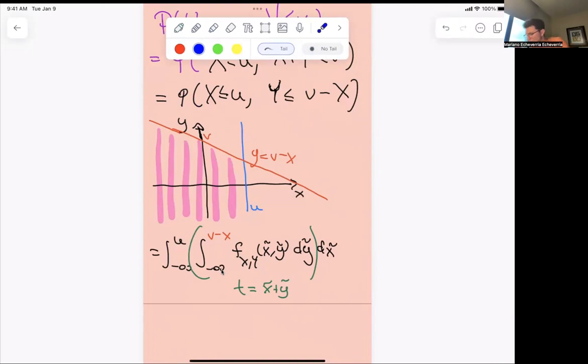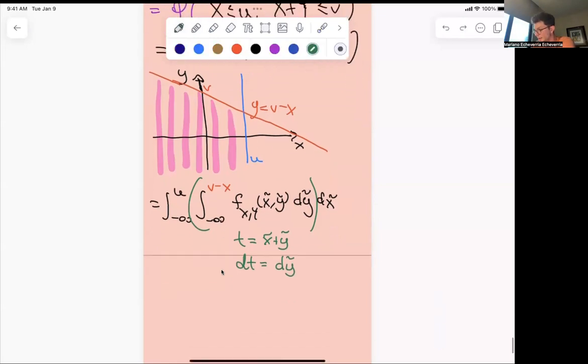I'm just trying to check that this is the correct bound. So this is just dt equals dy tilde. The important thing again is that x is a constant, because in this change of variables you're integrating with respect to y tilde.